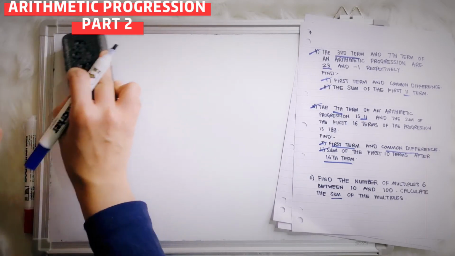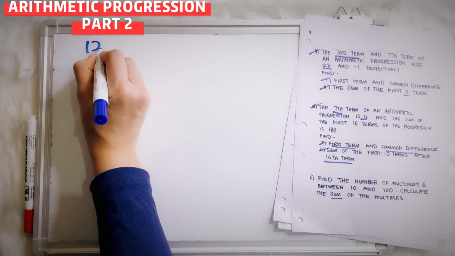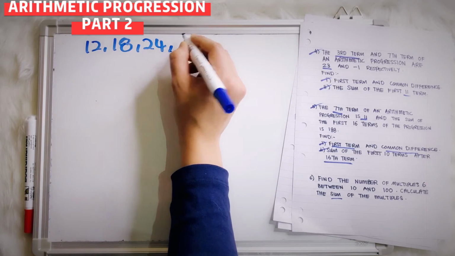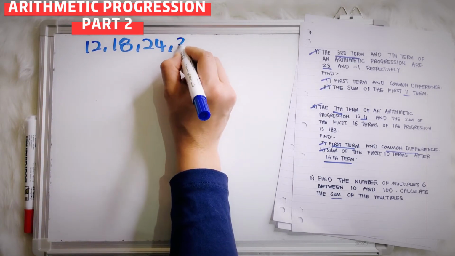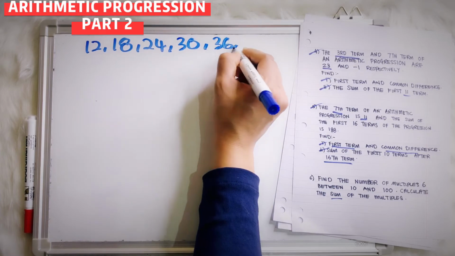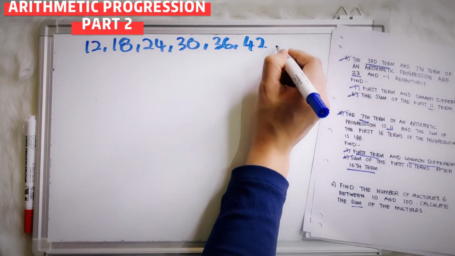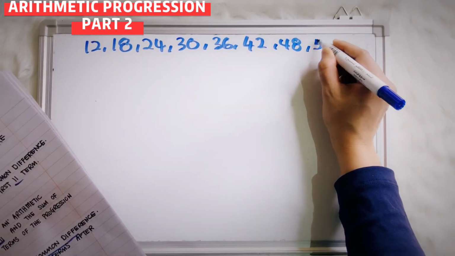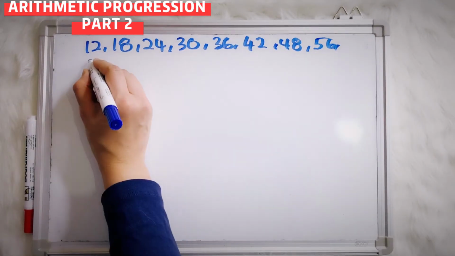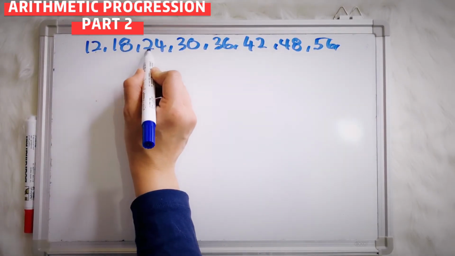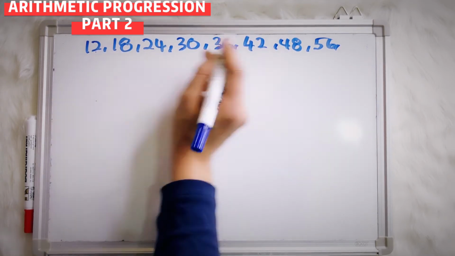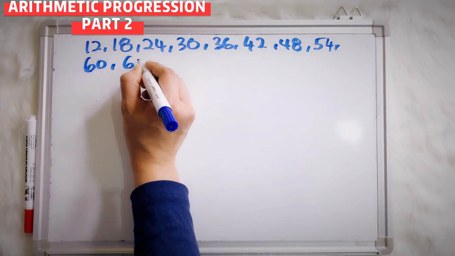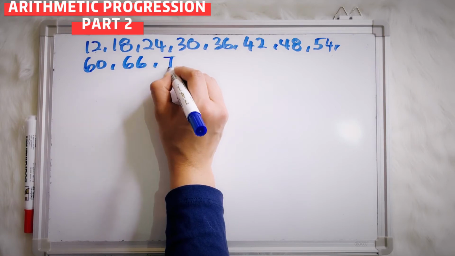So we take 12, 18, 24, 30, 36, 42, 48, 54. Okay, so 60, 66, and then after that 72, 78, 84, then 90, and then 96.